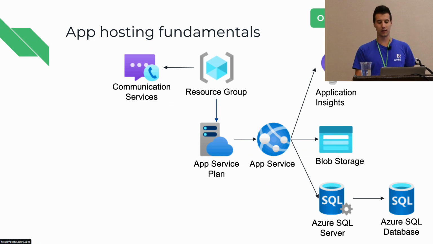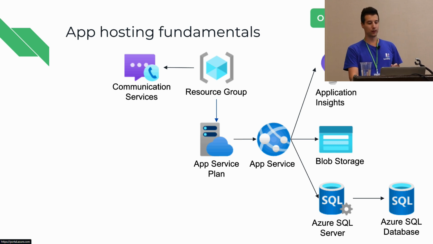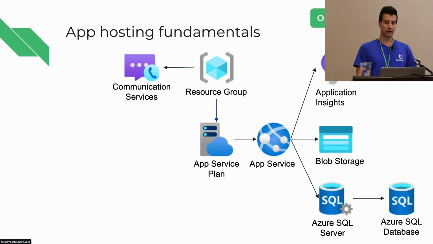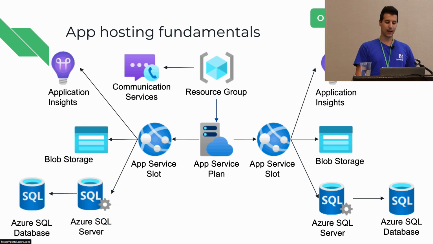that we will briefly mention. So if we move on to a slightly more advanced setup, you will see that we mirrored the right side of the screen, and instead of just calling this little piece app service, we call this app service slot.